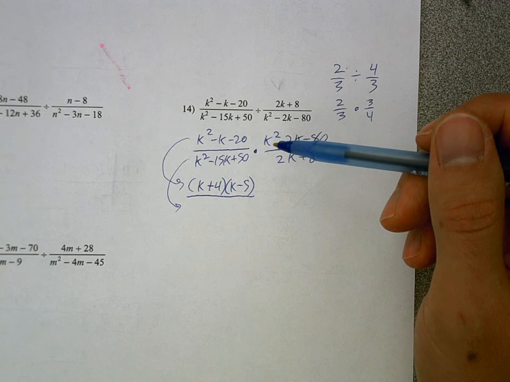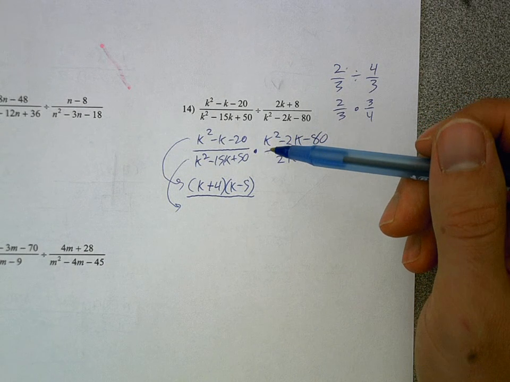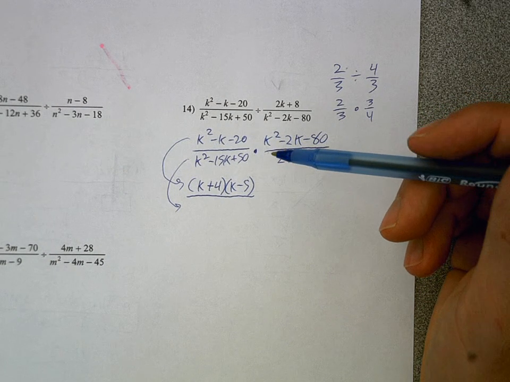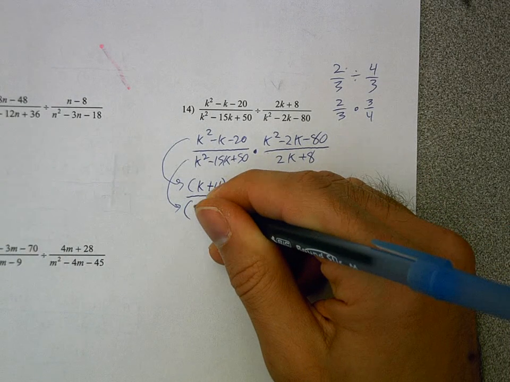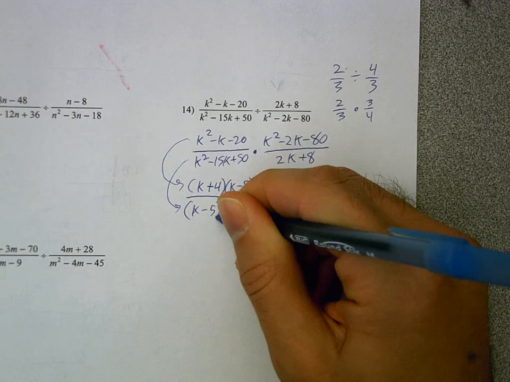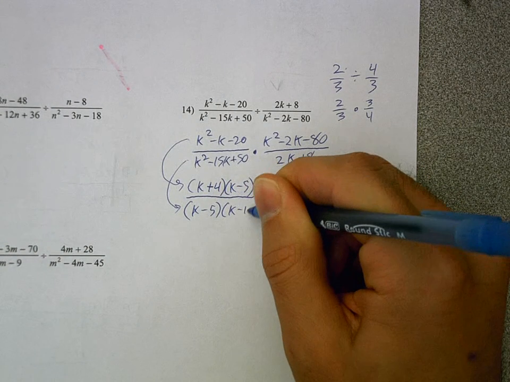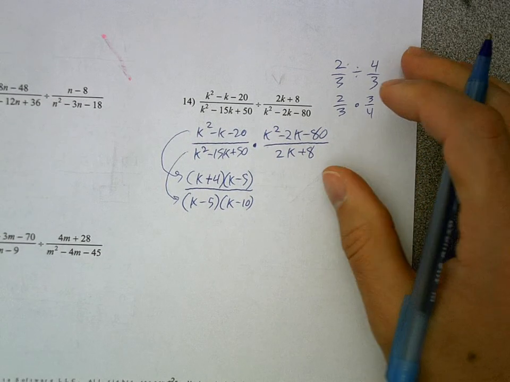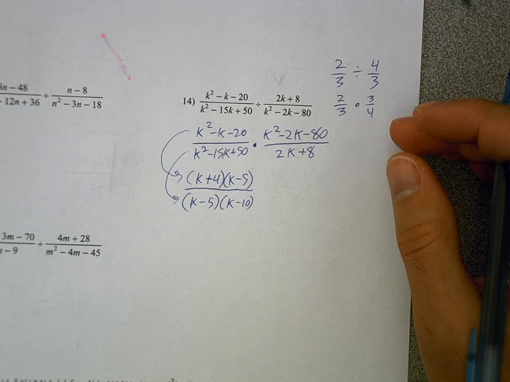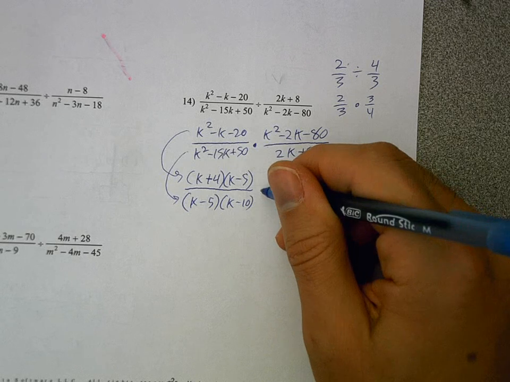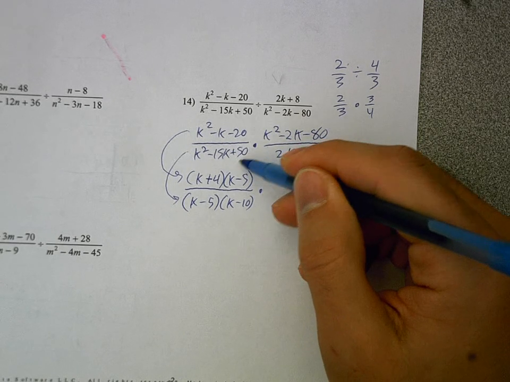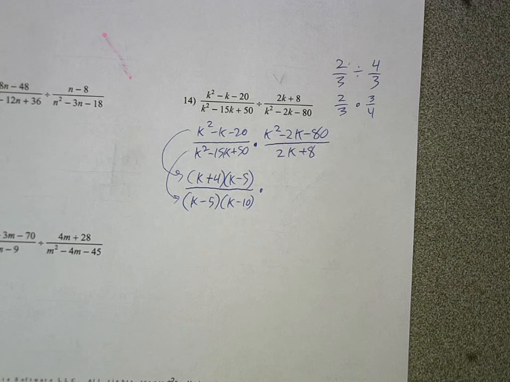A little louder. 5 and 10. Do we agree? Can I make 15 out of 5 and 10? So we're looking at k minus 5, k minus 10. Is everybody clear why they're both negative? That gets us the positive 15 when we multiply. Adds up to negative 15.